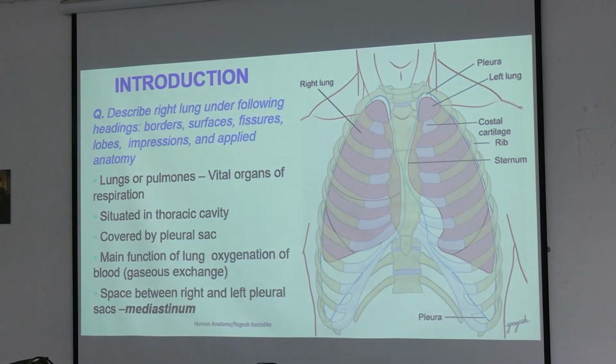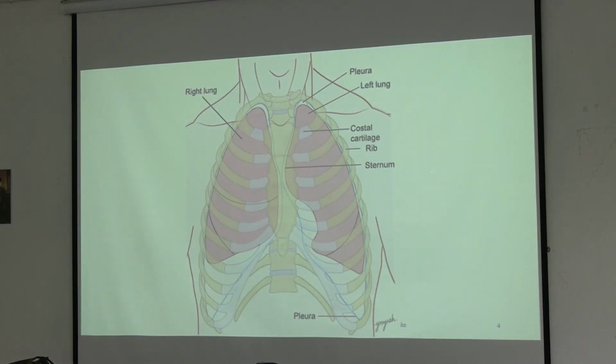The space between the right and left lung sacs, the pleural sacs, is called the mediastinum. Now the right lung is here, left lung is here. The space between these two is known as mediastinum. You have read sternum. You have read the thoracic cage. Now see the right lung.